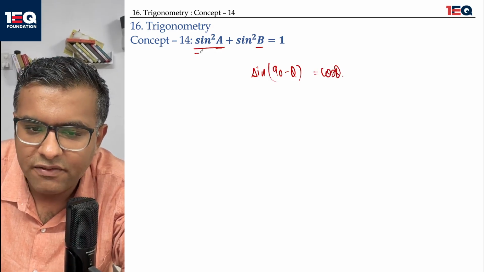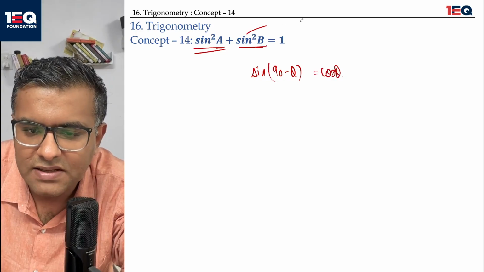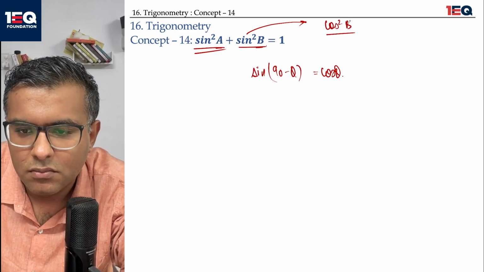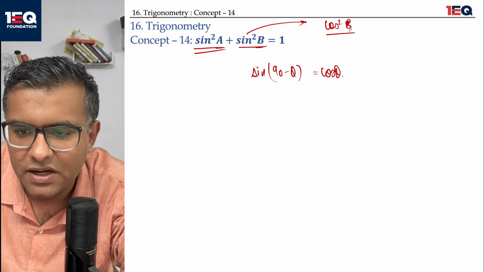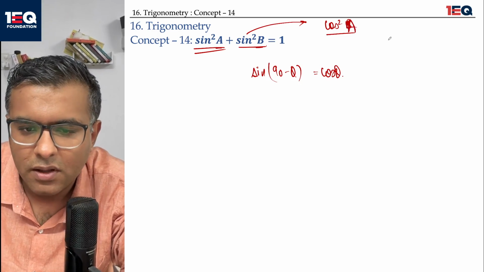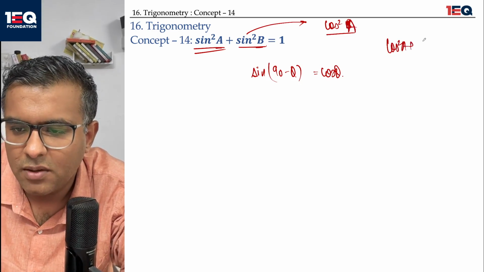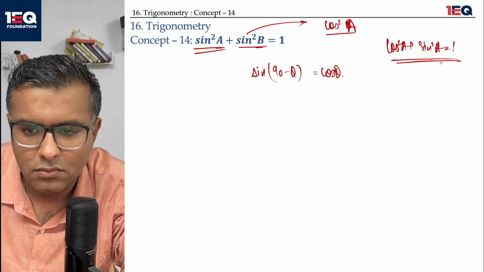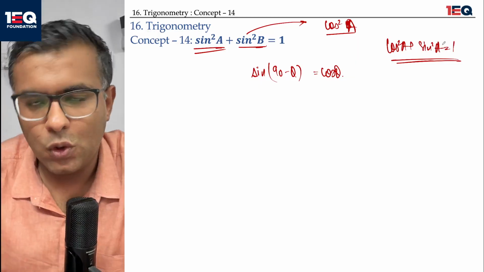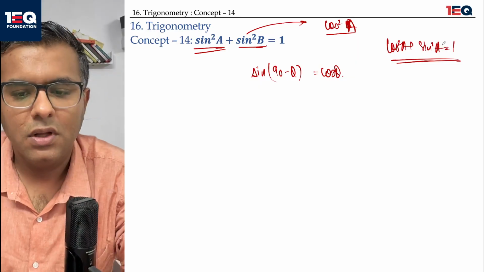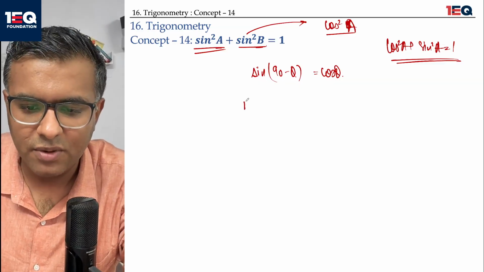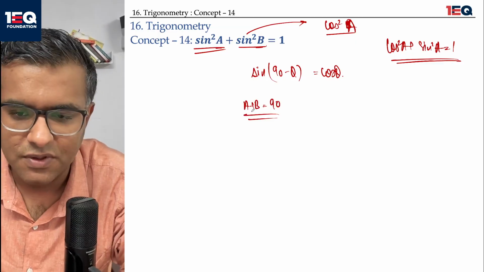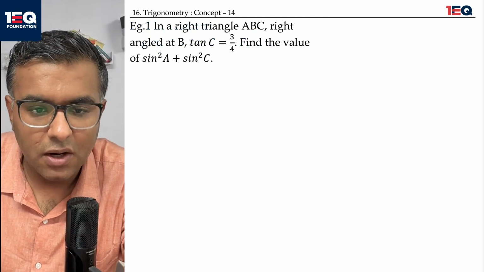If we have sine A, then sine square B is definitely going to be equal to cos square A, because cos square A plus sine square A both are equal to 1. Both together are equal to 1 when they are added. So you have to see this very well, that A plus B both add up to 90. Only then this situation is possible.